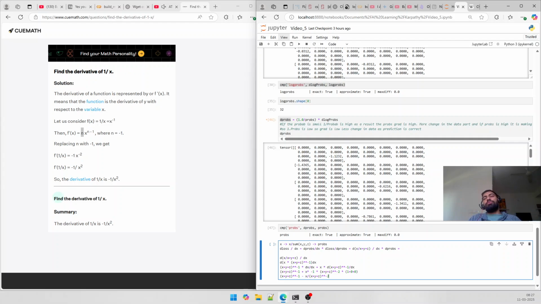So you can say 1 by sum minus x by sum square. If I take 1 by sum outside, 1 minus x by sum.